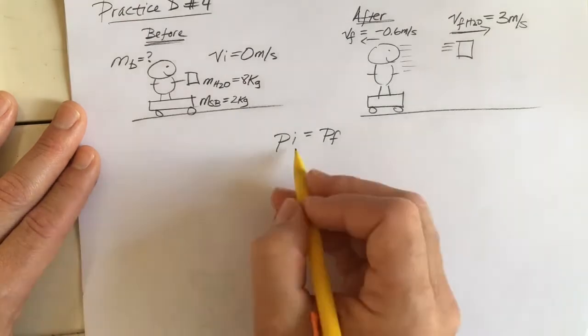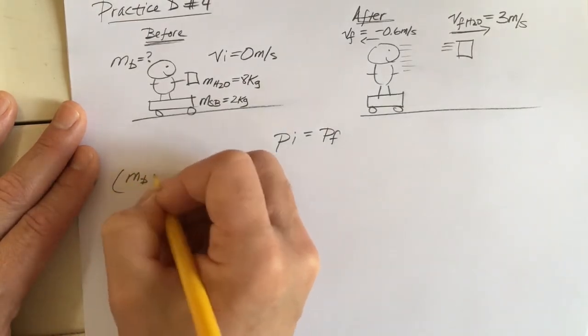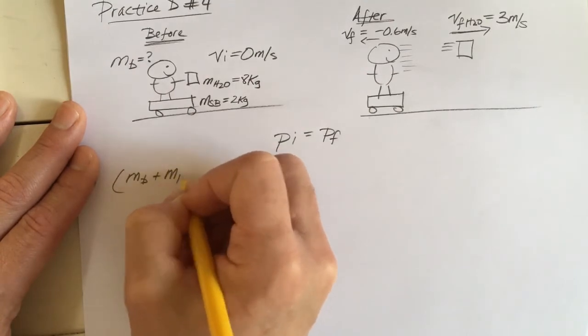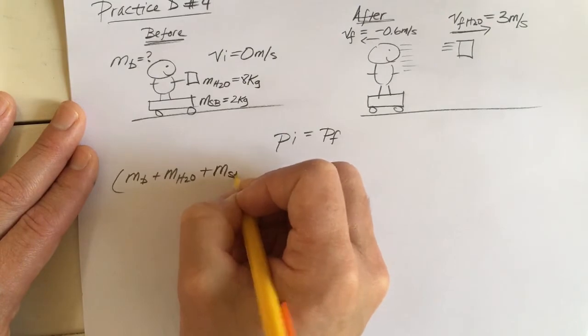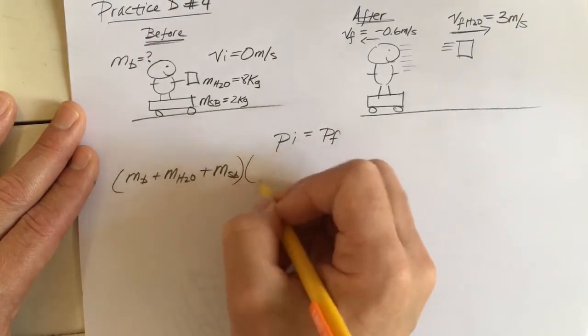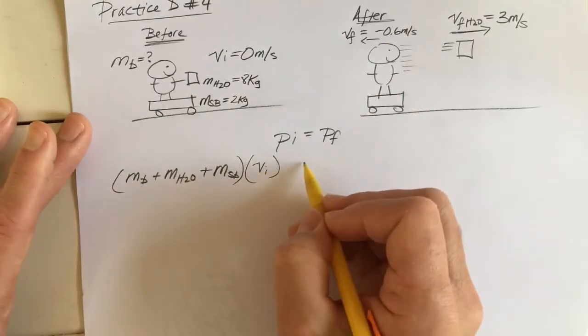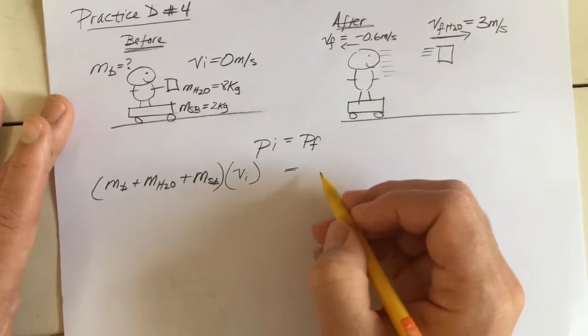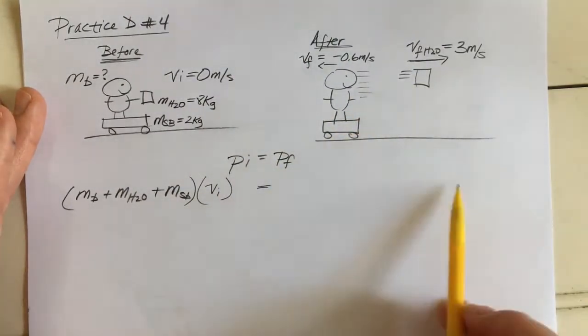All right, so initially we have the mass of all of these objects, the mass of the boy, plus the mass of the H2O, plus the mass of the skateboard, times this initial velocity, which is going to be 0, right? But I'll just go ahead and write it out. And then finally, I'm going to have two different objects moving, and I'm going to have to add their momentums together down here.